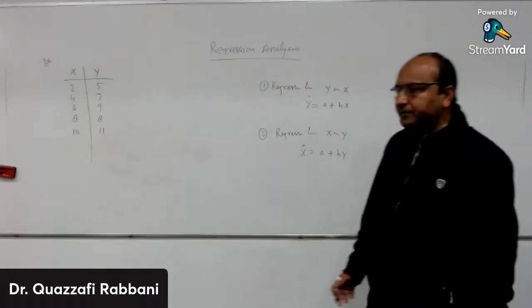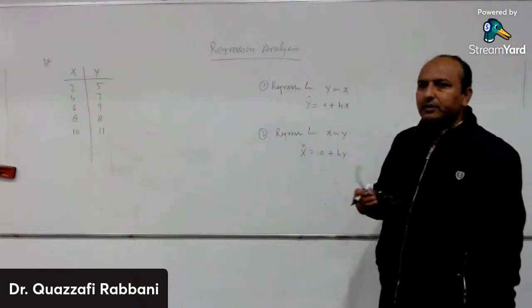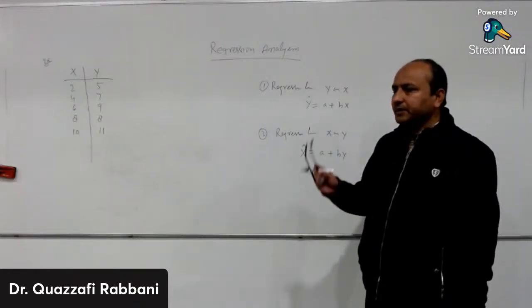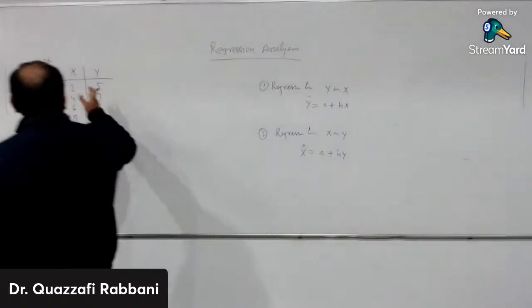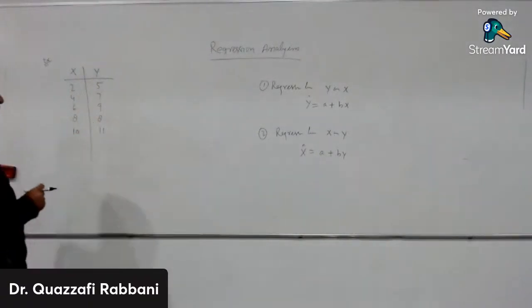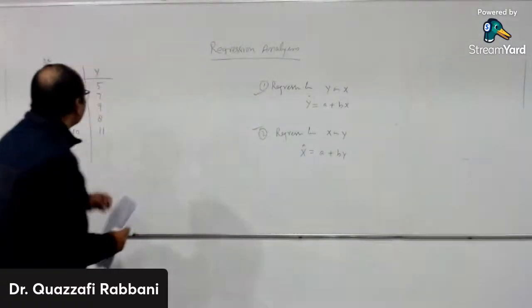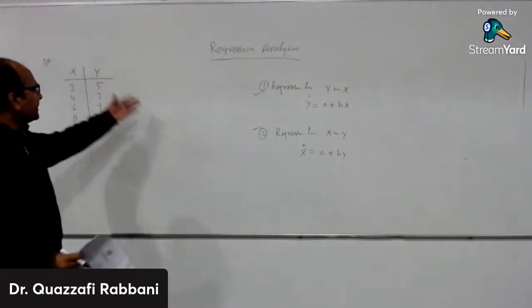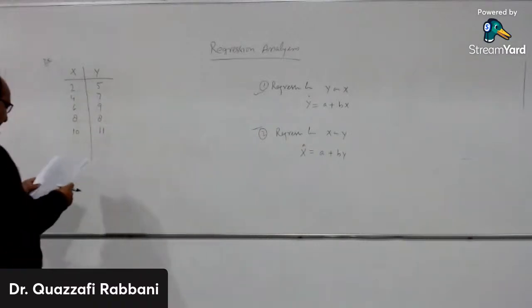So obviously, if you have two variables and they are related, then one variable must be dependent and another will be independent. So here we have x and y, and we want to establish these two relations: if x depends on y, what will be the equation? If y depends on x, what will be the equation? So let us see.